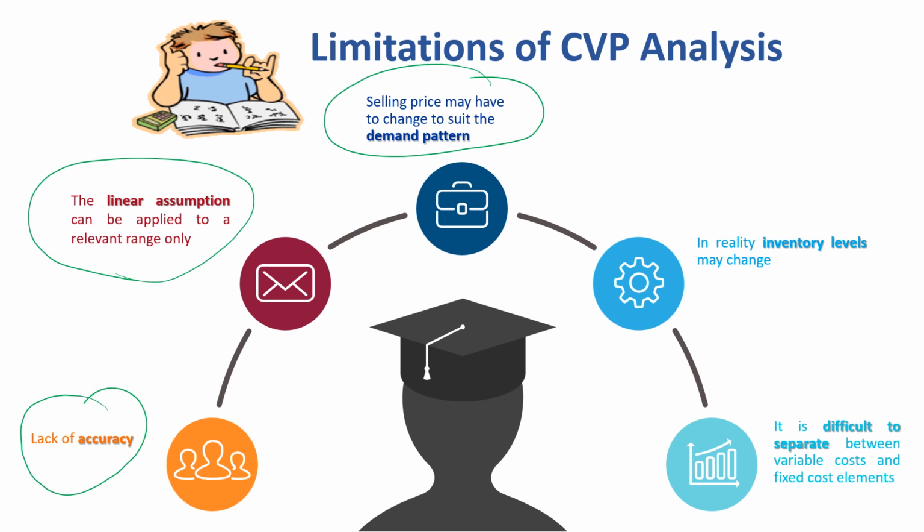Okay, and then next, CVP analysis regarding inventory levels. Okay, in reality, inventory levels may change. CVP analysis presumes that there is no change in the inventory quantities, which means that the opening inventories is the same as the closing inventories in that particular period.